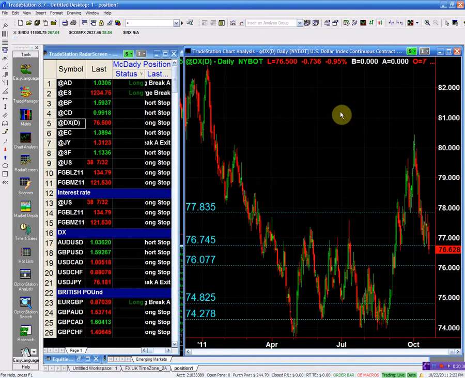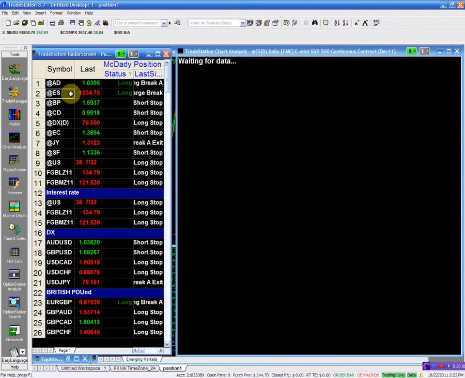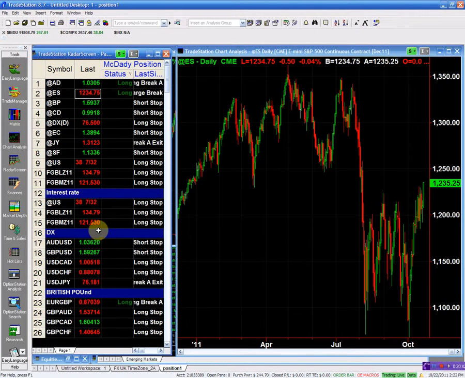Now, a couple of things that we need to look at because they give us a sense of the market. We're going to look at the S&P, and we closed the week at 12.35. That is a very strong close, and that indicates that we are going to have continuation to the upside. And therefore, if I have that, I'm looking also at the Nasdaq.